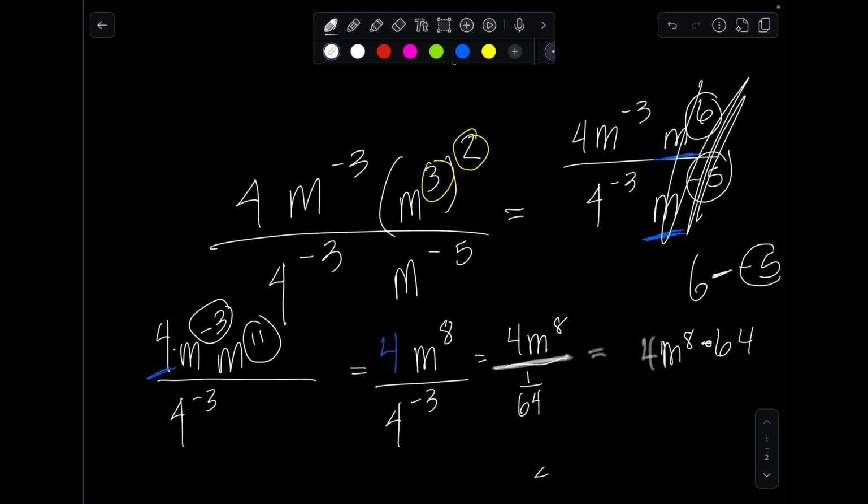We don't divide by a fraction. You times it by the reciprocal, by the whole number. 4 times 64 is 256. Ooh, that was a hard one, you guys.